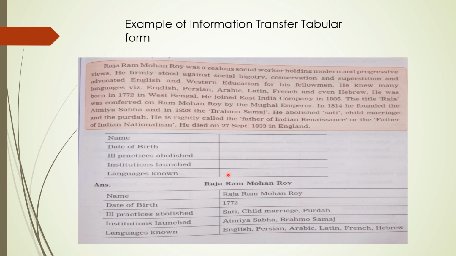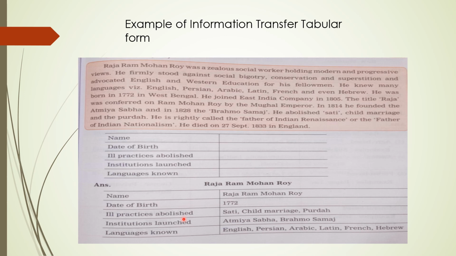We have to fill in the table. So name: Raja Ram Mohan Roy. Date of birth. That is, when was he born? 1772. If they would also ask for the place, date of birth and place, then you would also write the place, West Bengal.